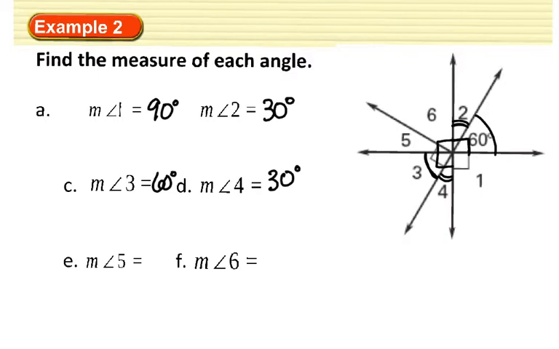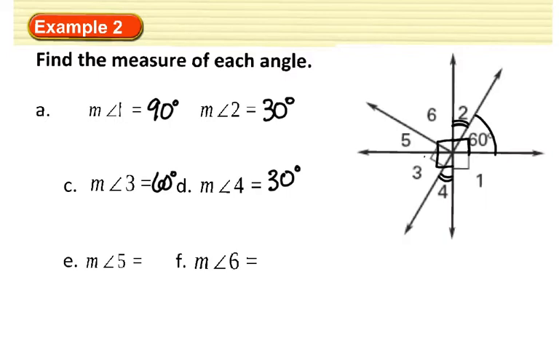So now let's look at number 5 here. Angle 5 and 6 are the ones that we have left to find.